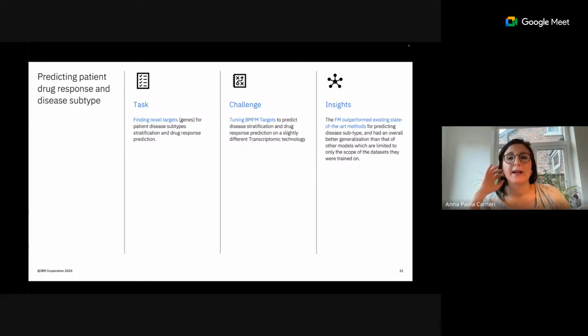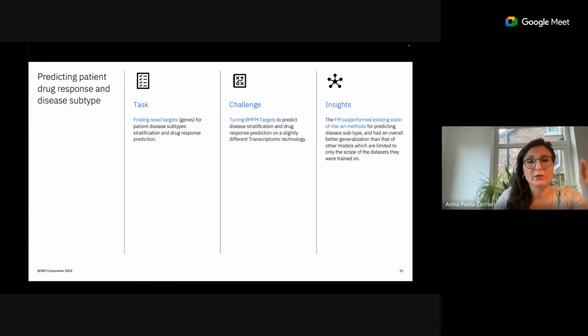So we then moved into biomedical foundation models, and we tried to see: if we use a biomedical foundation model trained on transcriptomic data, on gene expression data, to solve the same task, does that give me better results in terms of performance, and in terms of discovering new features, new targets?